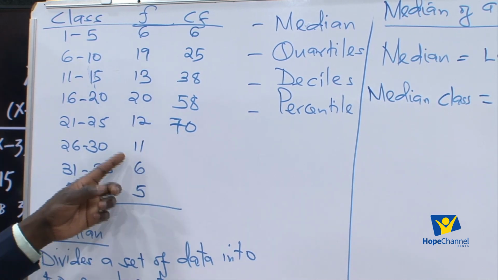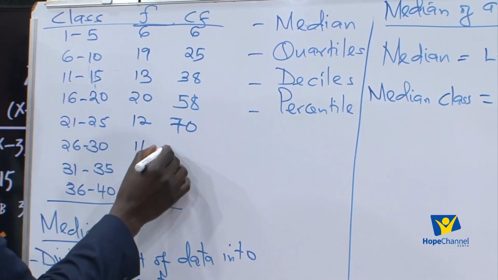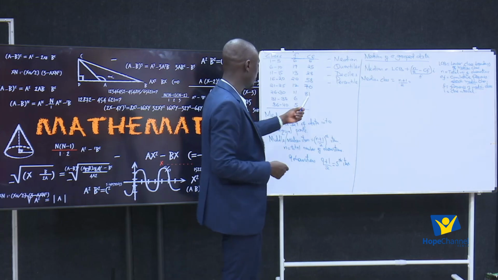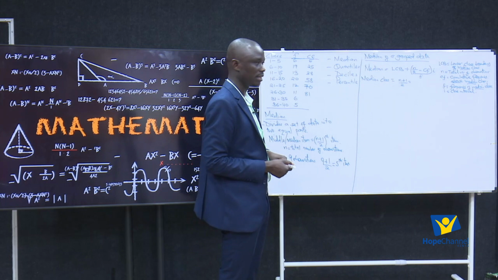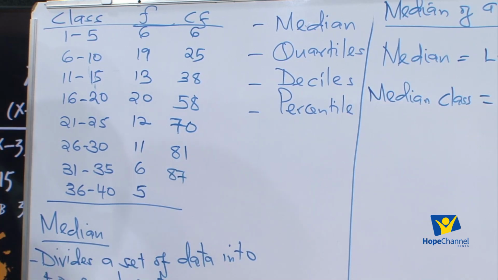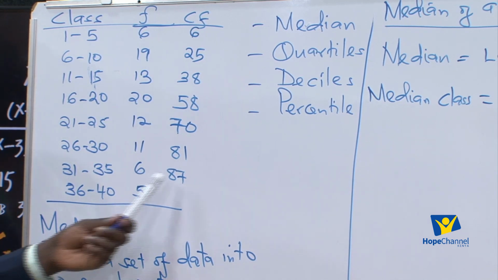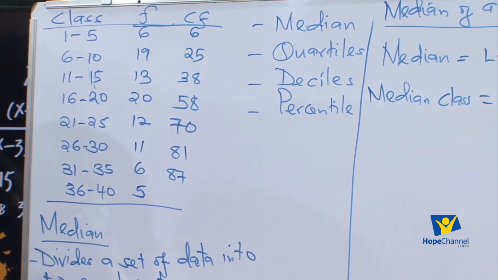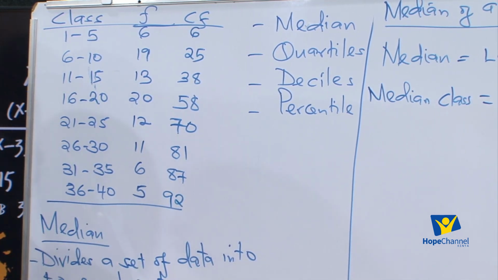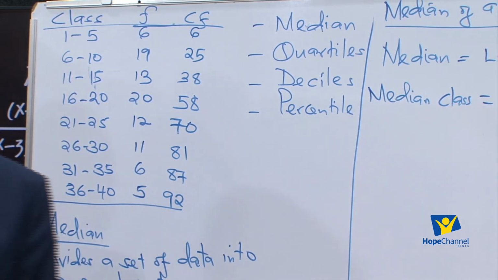70 now plus 11 will give us 81. 81 we add 6. 81 plus 6 will give us 87. Then 87, when we add to 5, we get 92. Are we together?